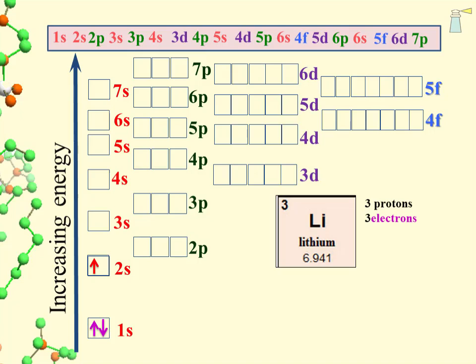That's the 2s, and now we have assigned all of the electrons. What is the written format for this configuration? 1s2, 2s1. There is one electron in the 2s orbital. Another way of writing this is using the brackets [He] for 1s2.